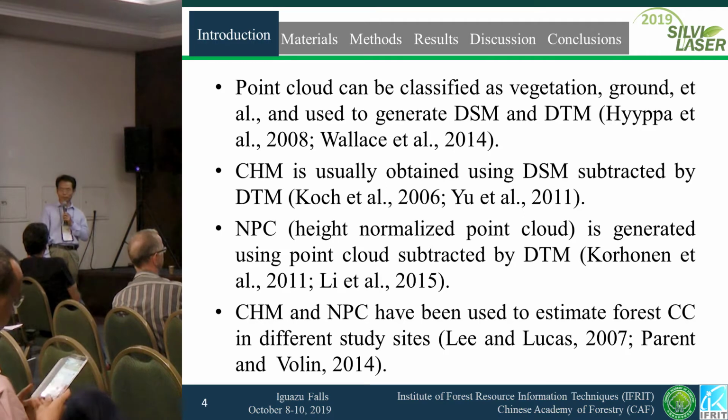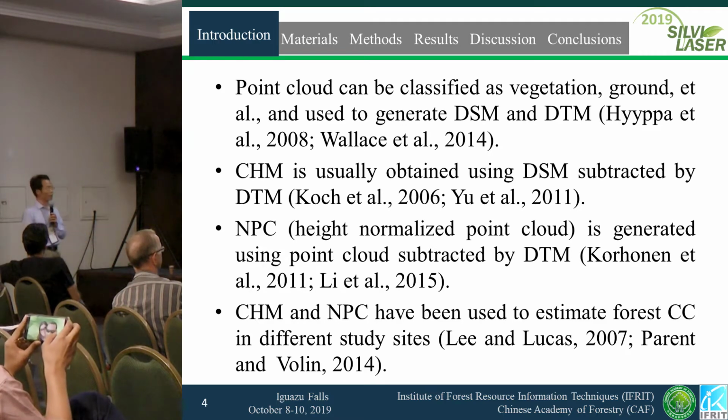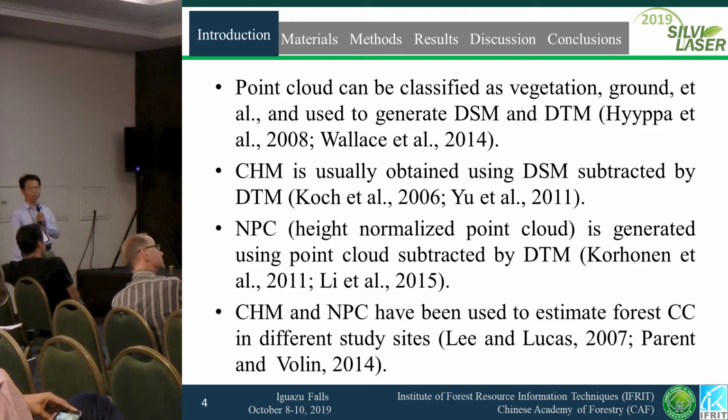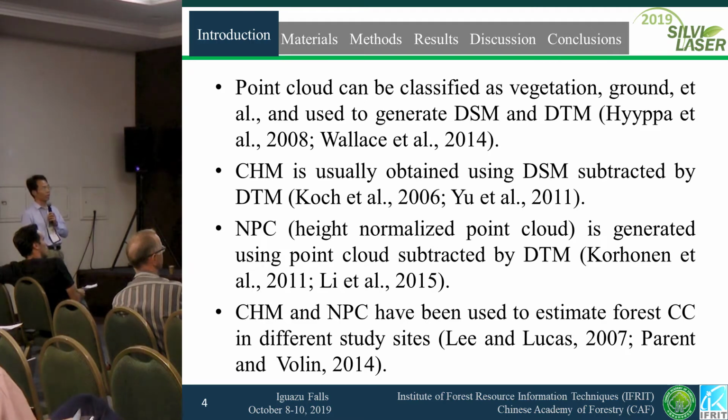So we wanted to combine LiDAR and photogrammetry to estimate the canopy cover. The point cloud can be classified as ground and vegetation and used to generate DSM, DTM, and used to generate the canopy height model and normalized point cloud. These tools can be used to estimate canopy cover.